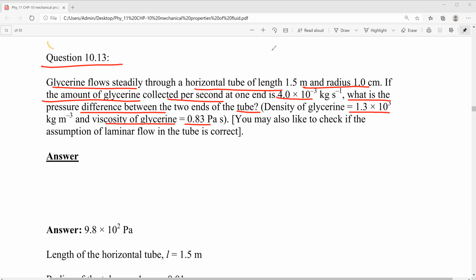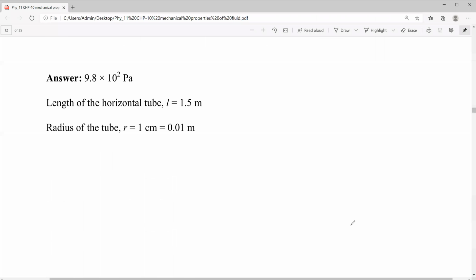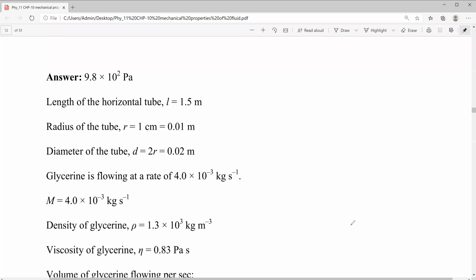By using this given data, first try to understand the question and then write the given things from the question. So for 10.13, what are the given things?